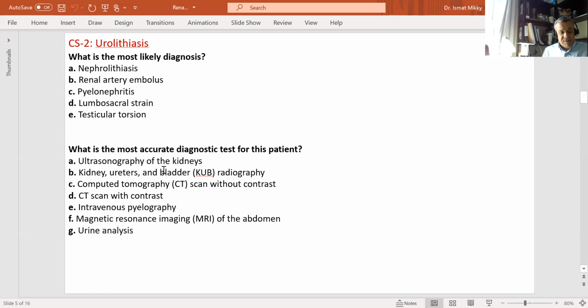So the acute onset of severe flank pain radiating to the groin with hematuria indicates renal stones, lithiasis, urolithiasis. The pain will become on and off in waves as the stone continues to pass from the kidney into the urinary system.